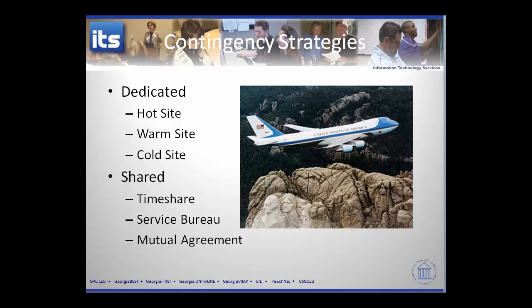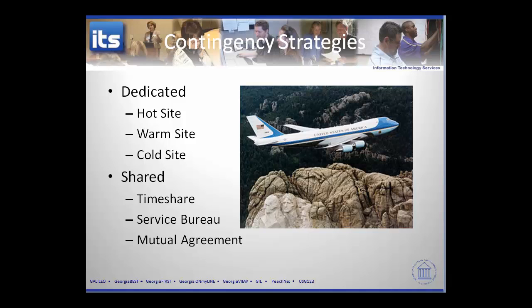Regardless, you should do that analysis and address it at least on paper so that you have something in place before moving forward. And then if you're going to execute one of these contingency strategies, all but that last one, that mutual agreement, is probably going to cost you some money. So you're going to have to get it worked into your budget to have these contingency strategies in place.